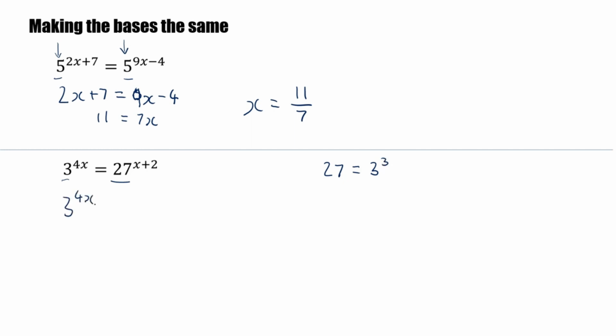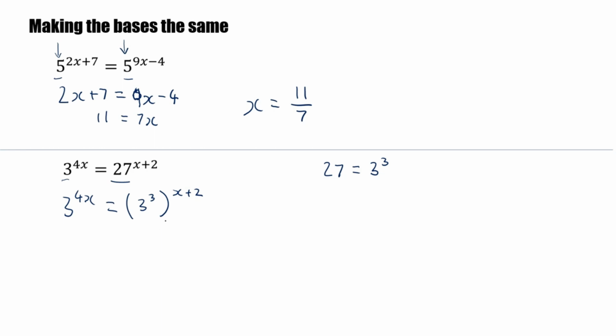That means the equation will now become: 27 has now been replaced with 3 to the power 3, so put 3 to the power 3 in brackets, because that's always a good way of doing a substitution properly. And then the power of x plus 2 is still happening to that. So putting that there, we have this.